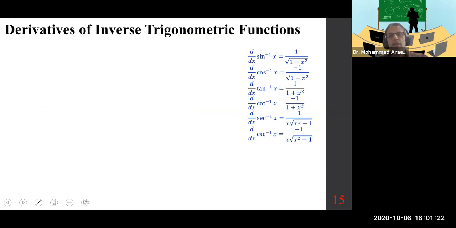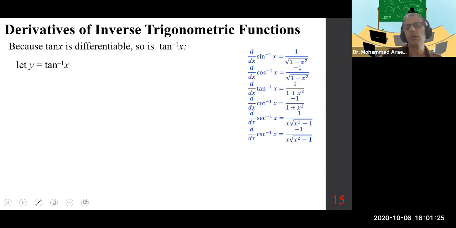Let's look at tan inverse. By the way, on the right, again, I have the formulas for you, class. What I want to mention is that the sine inverse and cosine inverse, the difference is a negative sign. The derivative of tan inverse is 1 over 1 plus x squared. For cotangent inverse it's the same thing, you make it negative. For secant inverse it's 1 over x times the square root of x squared minus 1.